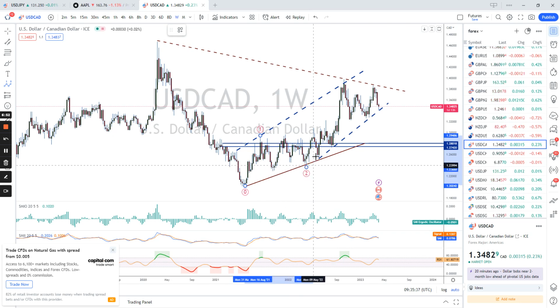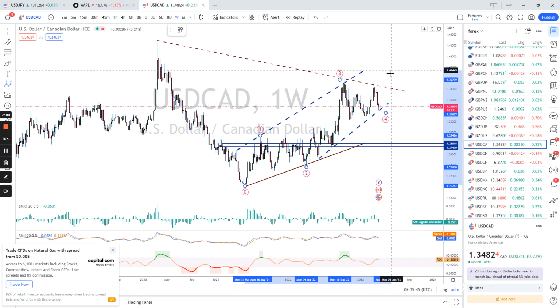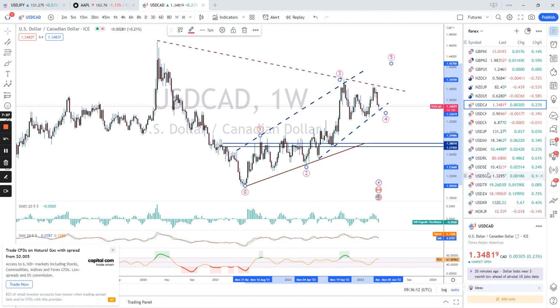If we mark this as the second wave, and this is the third wave, this is a fourth wave, and this would be the fifth wave to the upside. So a strong move higher and above this long-term falling trend line will be a trigger for the USD/CAD extreme upside continuation, targeting maybe even 1.46. It also depends on oil.